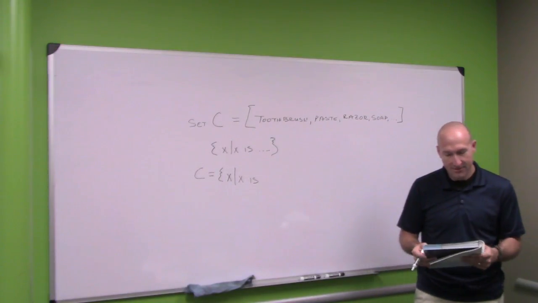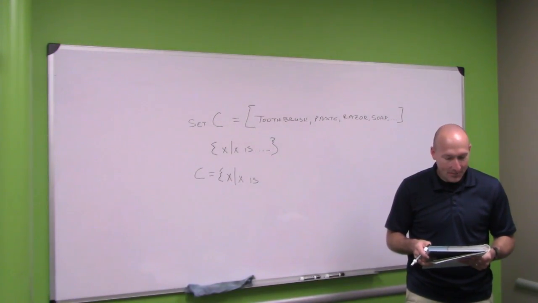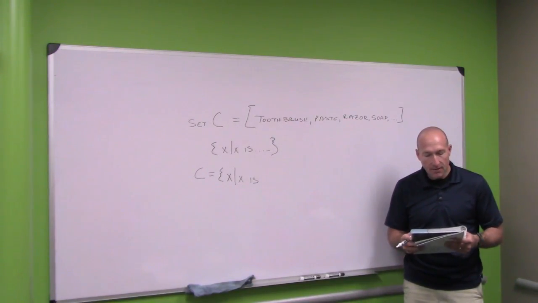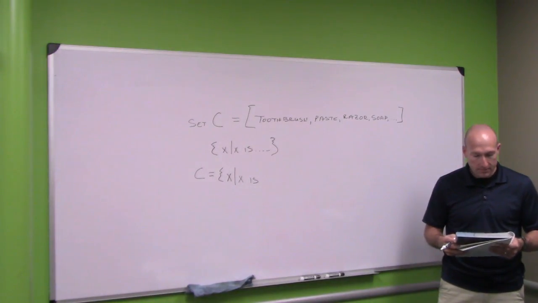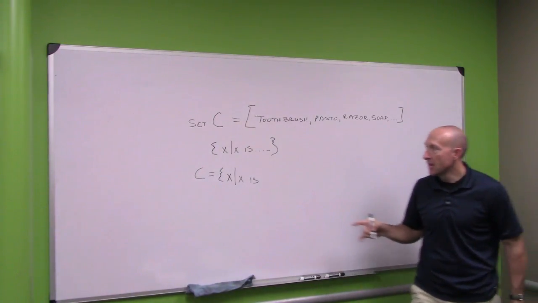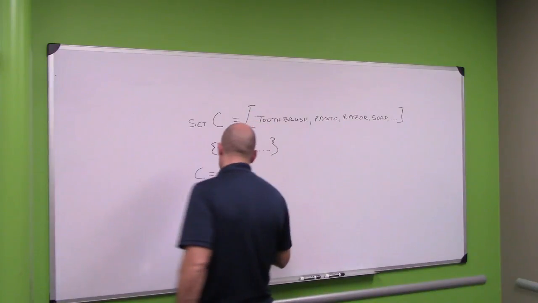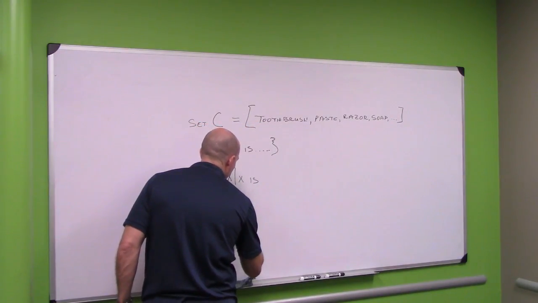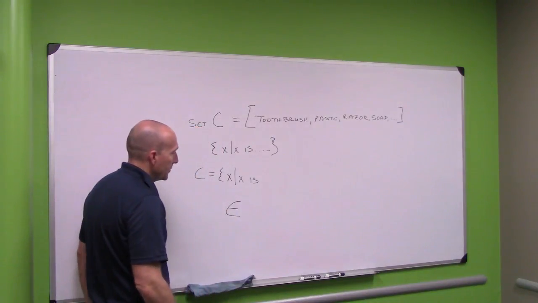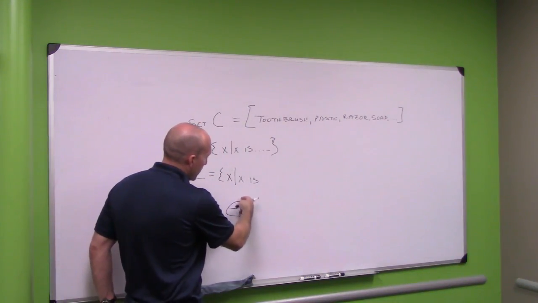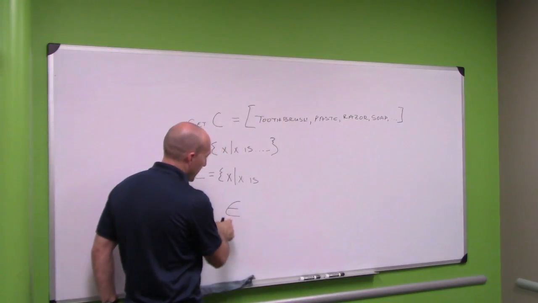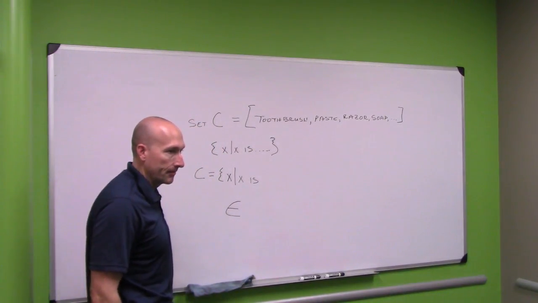calm down. So now, as we move along, the set C is the set of all elements. Now, whenever we talk about elements, this is a very important symbol. It's kind of like an elongated E. If you took an E and looped your fingers into the ends and stretched it out some, that's what it would look like.